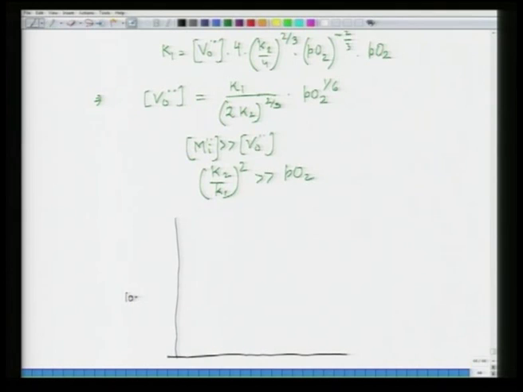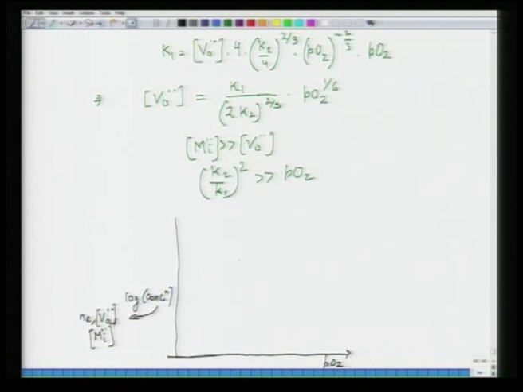So, this is log of any kind of concentration, which means concentration will mean your Ne, VO and Mi, and this will be your PO2. Okay.